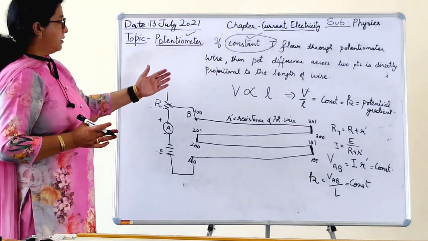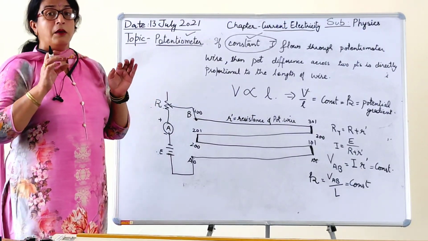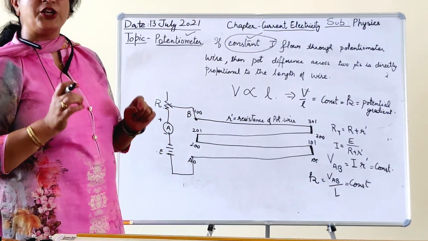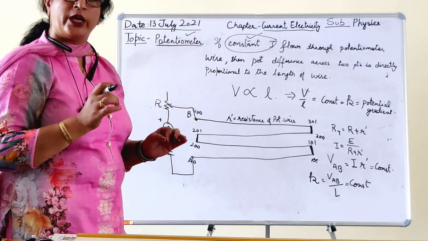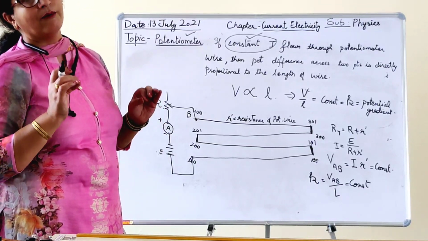I hope you understand this concept, because this is the main thing in the potentiometer. The potentiometer works only when a constant current flows through the potentiometer wire.